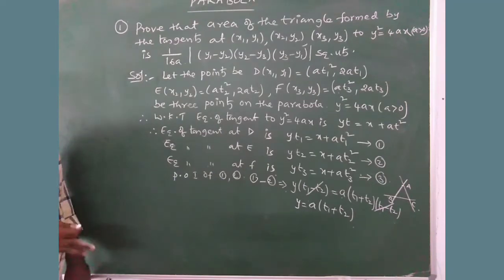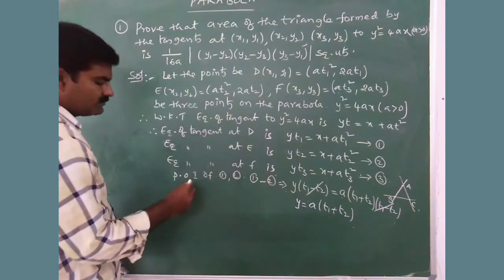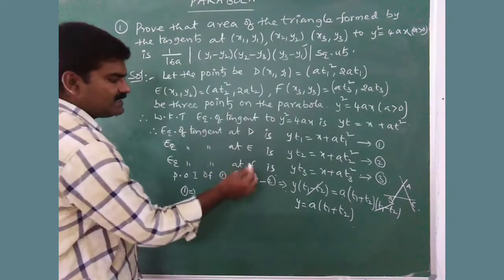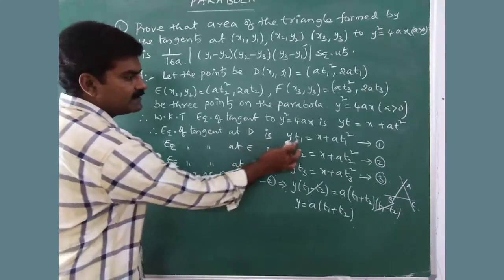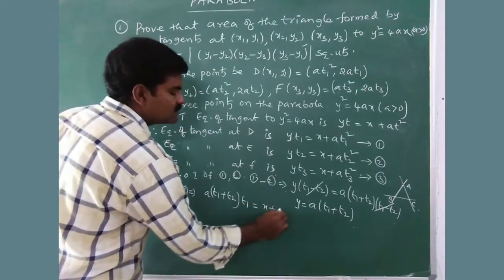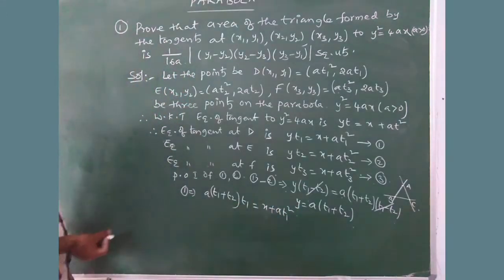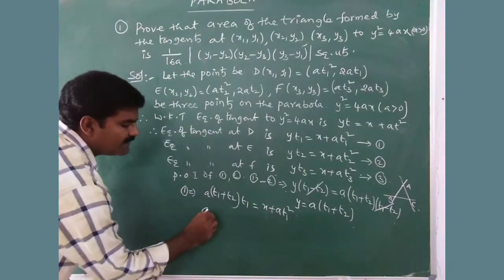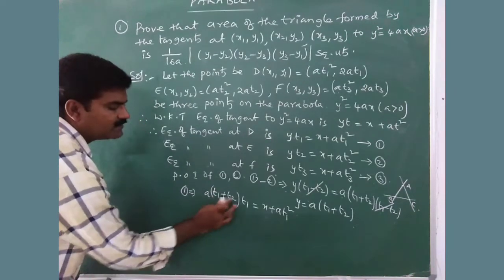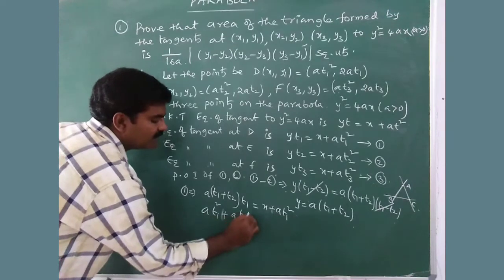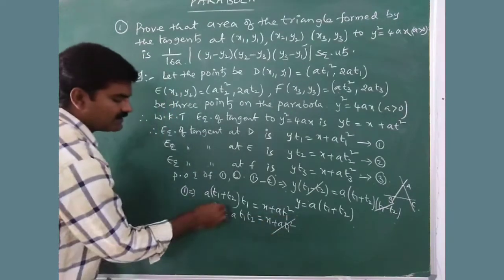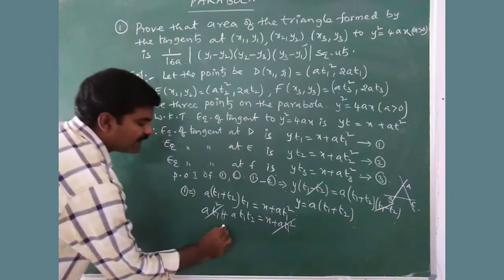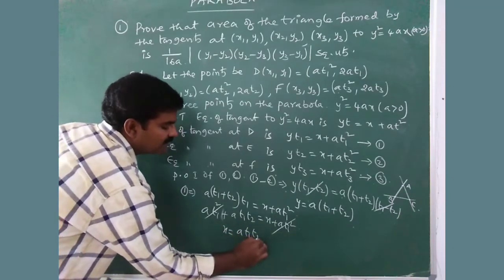Now this value you can substitute either in equation 1 or equation 2. For example, in equation 1: a into t1 plus t2 into t1 is equal to x plus at1 square. Simplifying, a t1 square plus a t1 t2 is equal to x plus a t1 square. So a t1 square gets cancelled. Hence the x value is a into t1 t2.